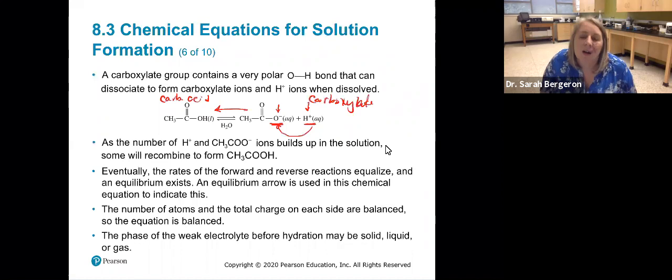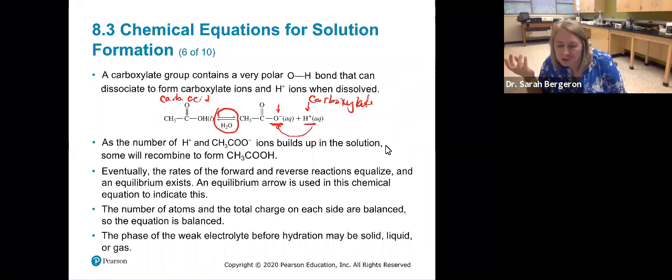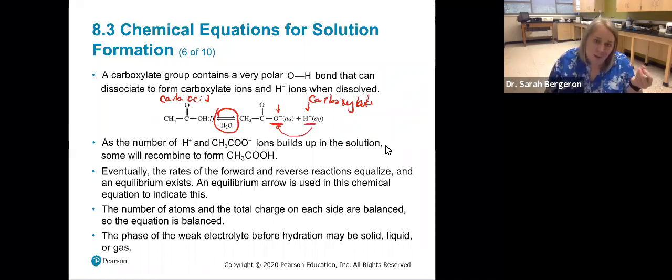And so the way that we show that is we show a double-headed arrow. This double-headed arrow tells you that the reaction is going in both directions. And we get to an equilibrium where the total amount of these charged things being formed is equal to the number of the carboxylic acid being formed. What's interesting to note is that our charges are still balanced.